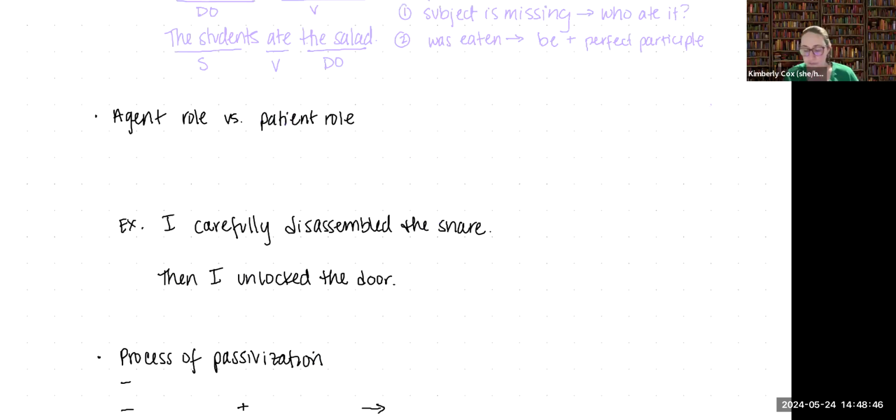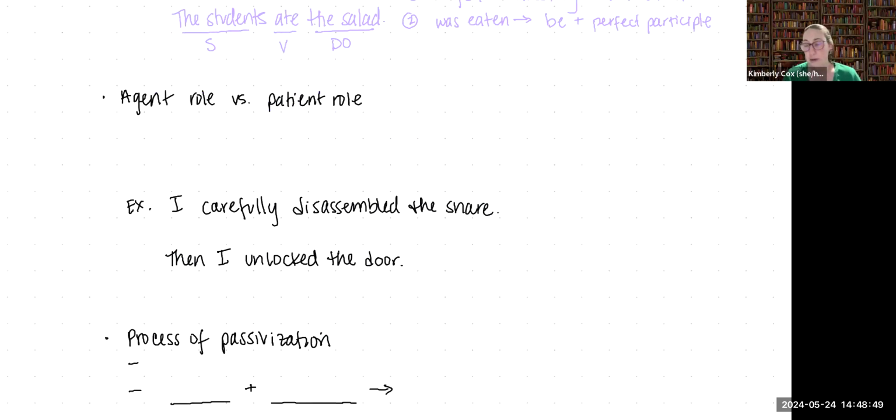the patient role. So in terms of grammar, there are several different roles that words can fill in a sentence. The agent role is usually a noun phrase that intentionally acts. Okay. Whereas the patient role is a little different.